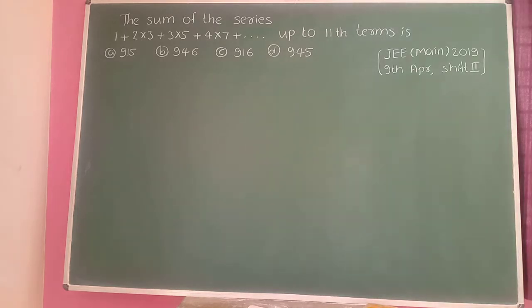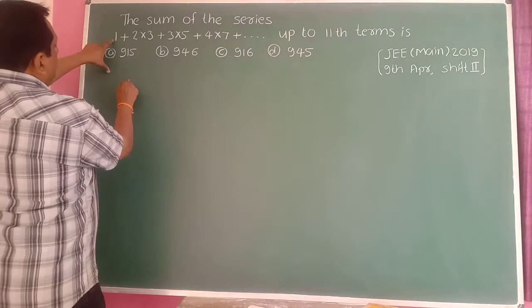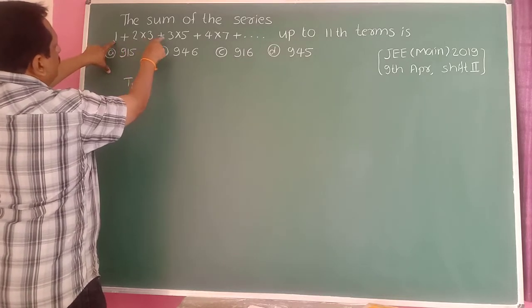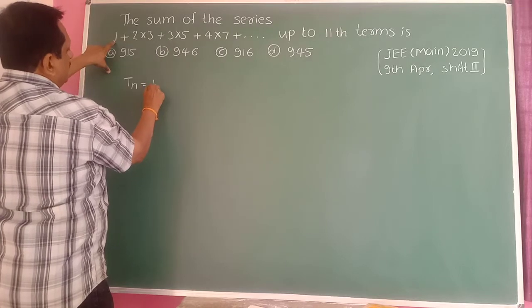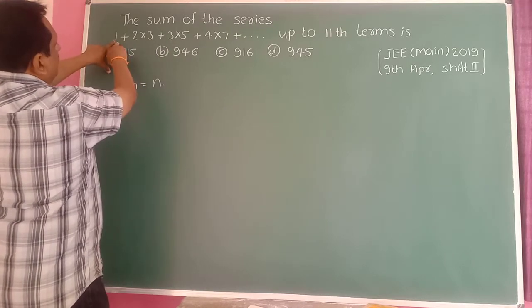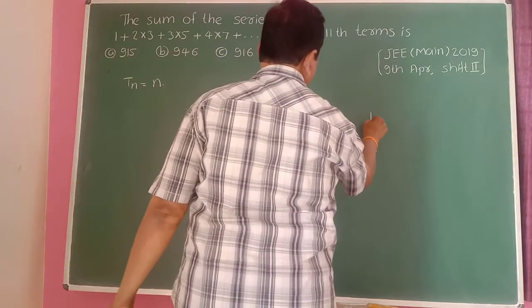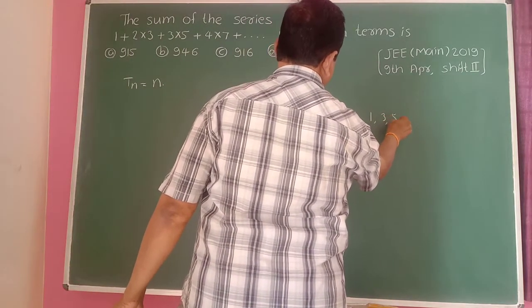Okay, find the sum of the series here. Just observe. First write your Tn. So 1, 2, 3, 4 and so on, write your n into, then here 1, 3, 5, 7, so 1, 3, 5 and so on.